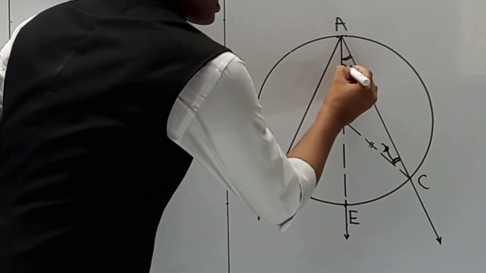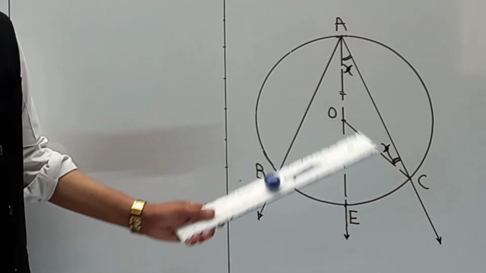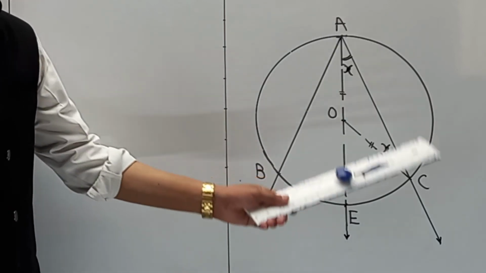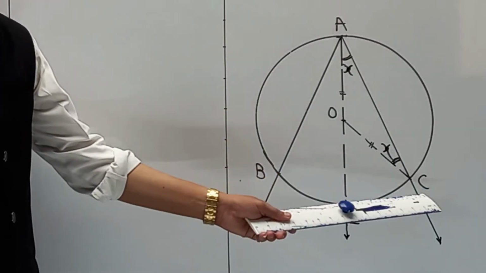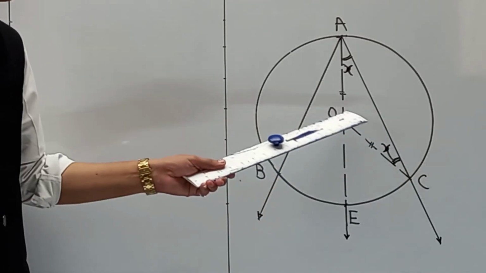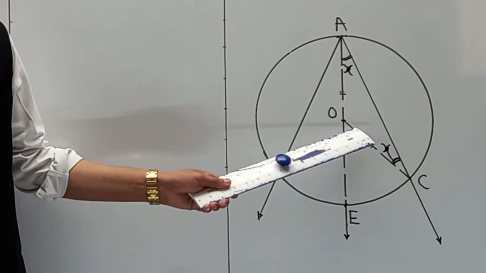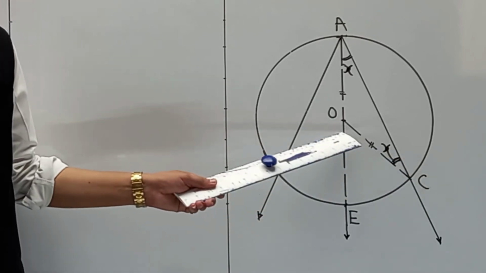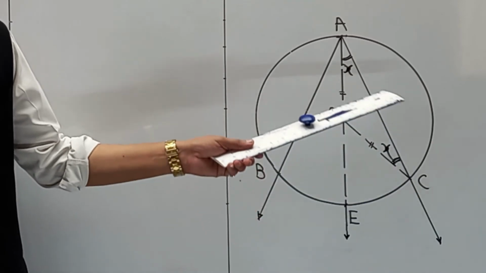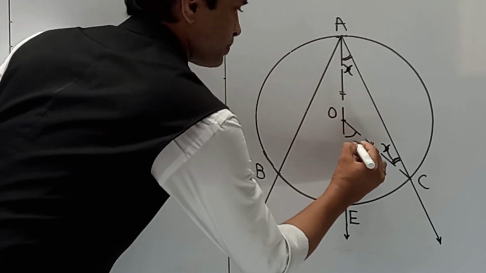Now here, this angle is x, this angle is x. For triangle OAC, angle OCE acts as the external angle. And we know that the value of the external angle, angle COE, is equal to the sum of two remote interior angles. Means x plus x, and this value becomes 2x.